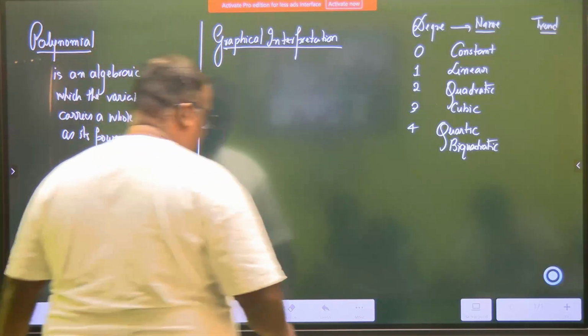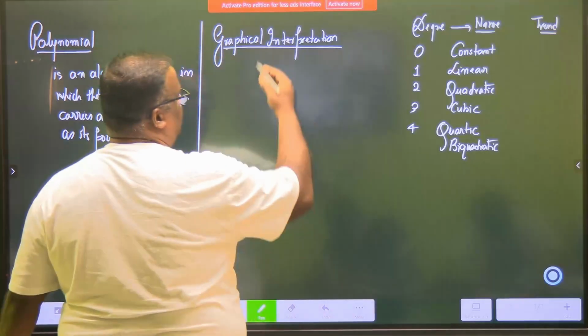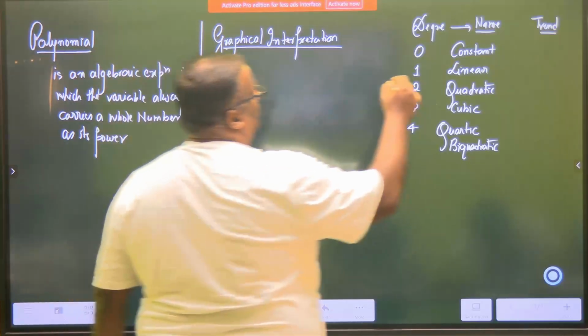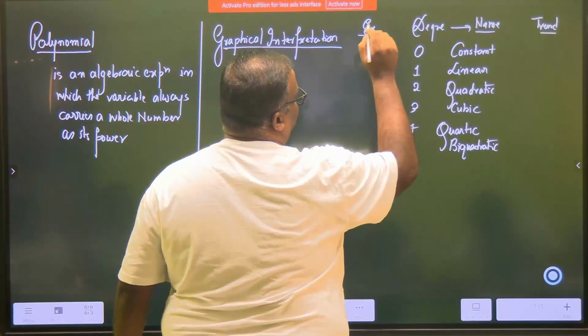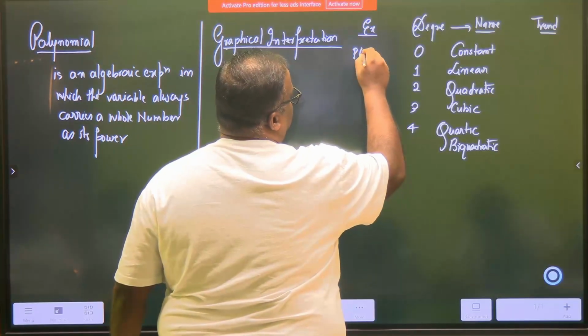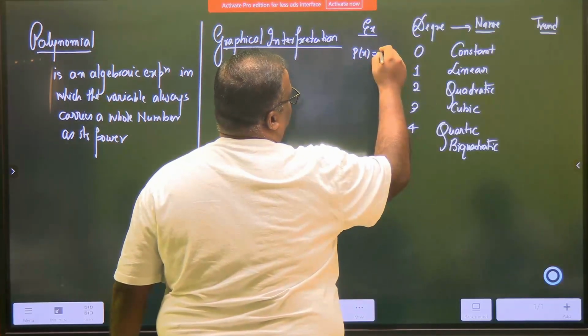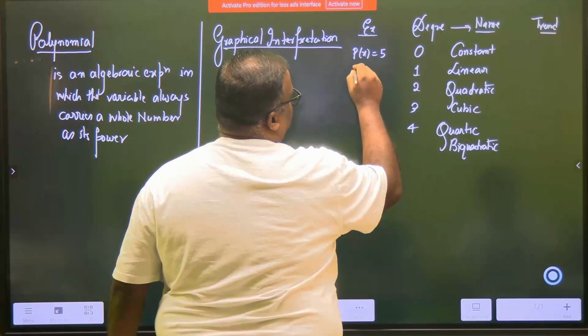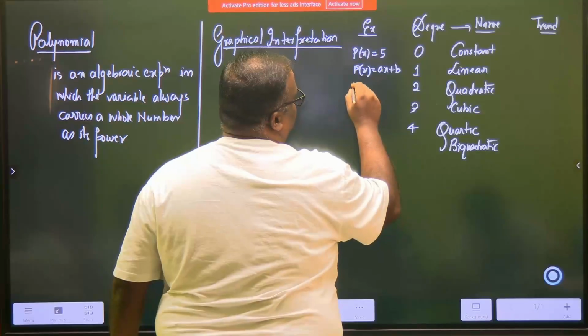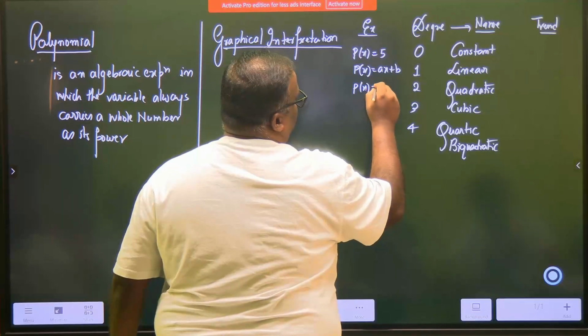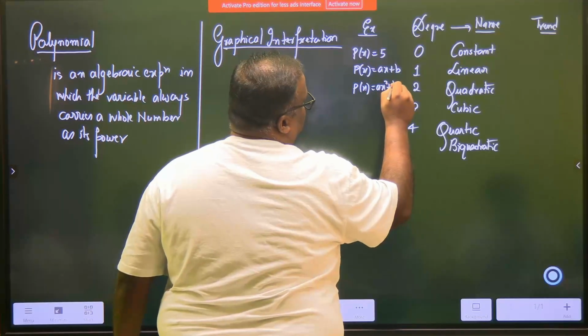Now, if I look at an example, I can represent this as p of x equal to some constant, say 5. I can represent this as p of x equal to ax plus b. This is linear. This is p of x equal to ax square plus bx plus c.